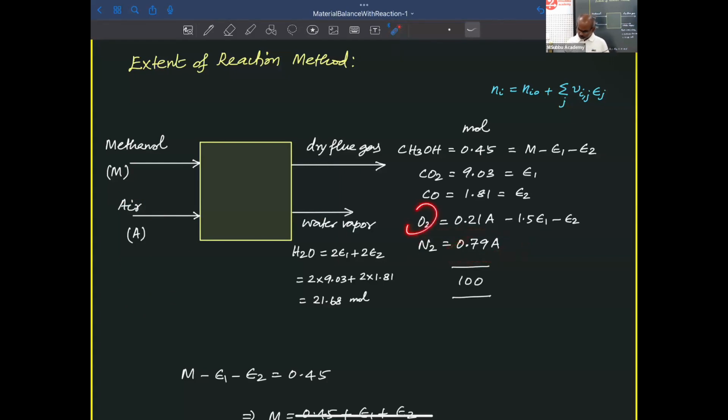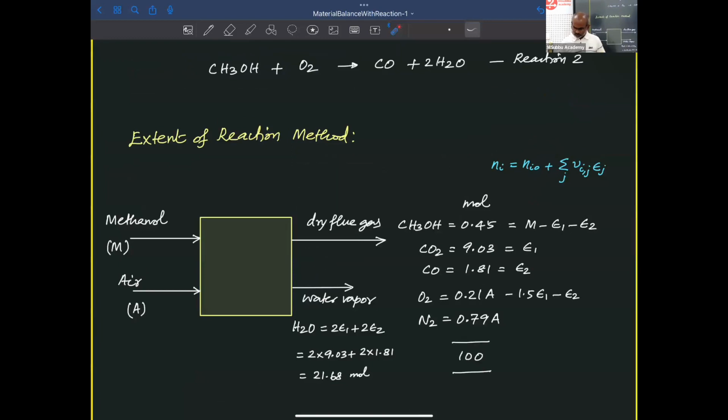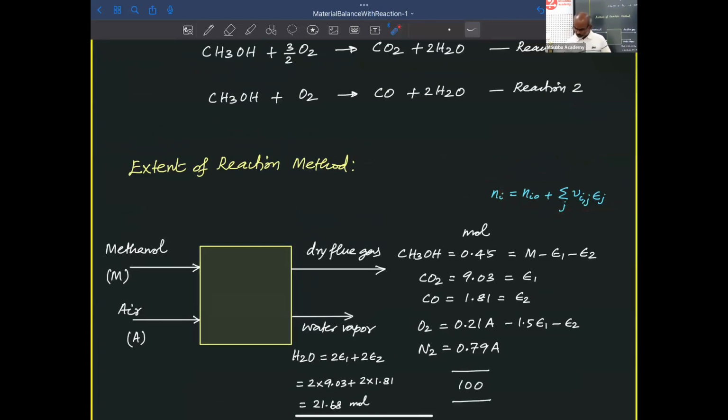And how much O2 will be leaving? For that, we know this terminology: moles of a constituent equal to what is initially present, applicable for the reacting system.